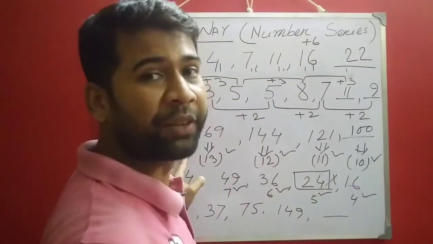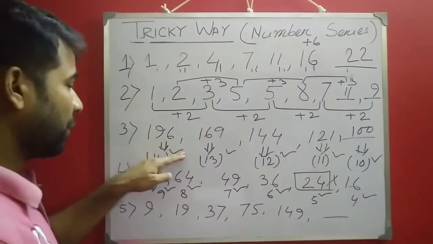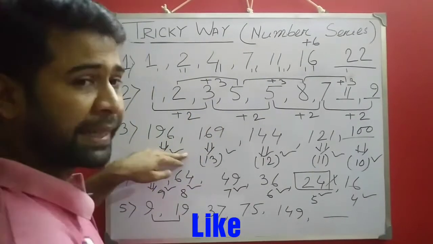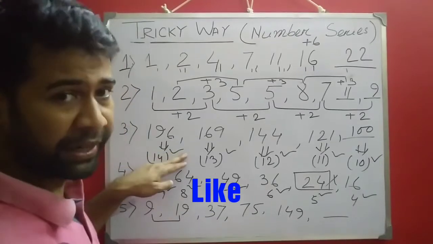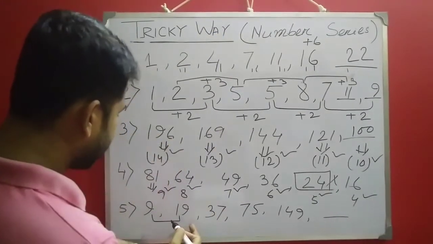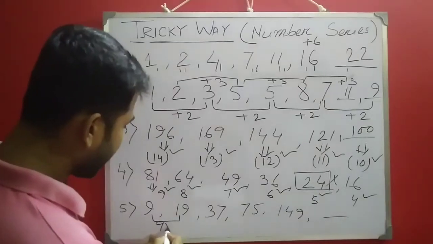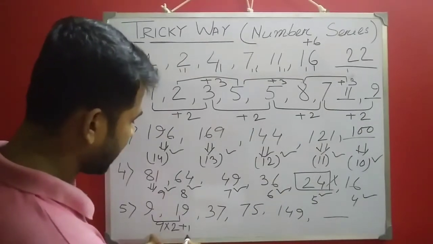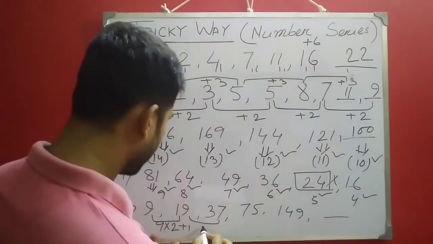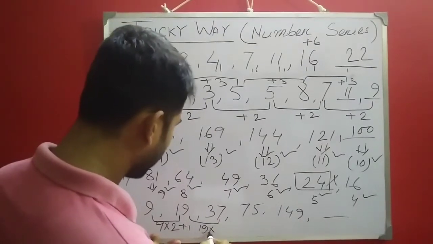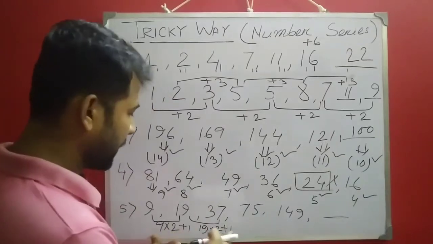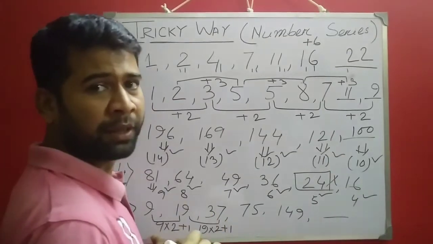And what is next? 9, 19. So an increment operation is there. It is clear that 9 into 2 plus 1 equals 19. Similarly, 19 into 2 plus 1. If we put it, then it is wrong.